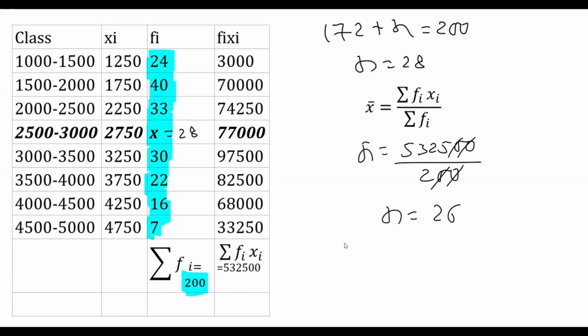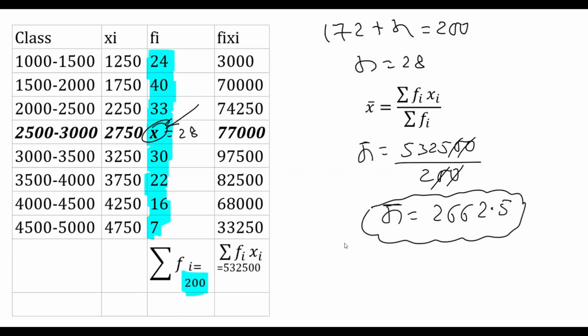So we'll say that this is the, okay, this is x, but don't get confused with this x. This is a variable representing one of the frequencies of this column, and x bar is the mean here. So we got the mean as this.